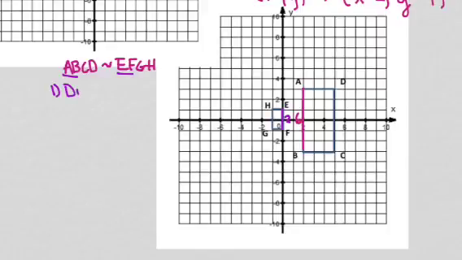So I'm going to dilate EFGH and I have to choose my center. Now, just to show you how to do a center that's not the origin, let's use center F.